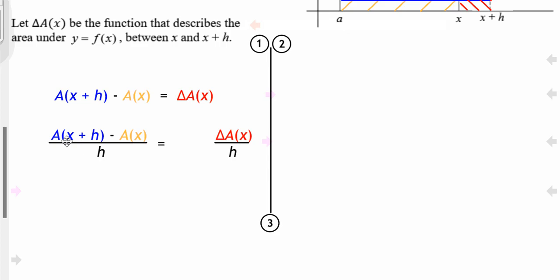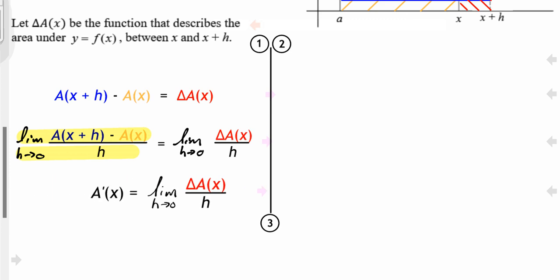And what if I did a limit as h approaches 0? What's the definition of the derivative? This thing here is the definition of the derivative. So this would be the derivative of what? Derivative of the A function.